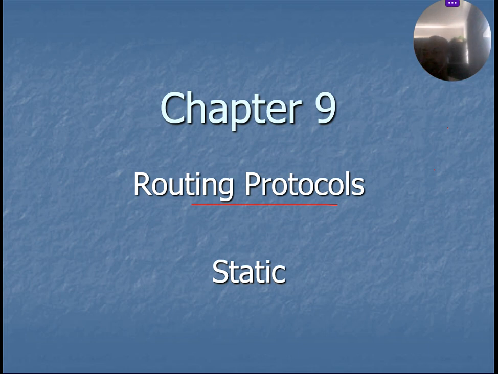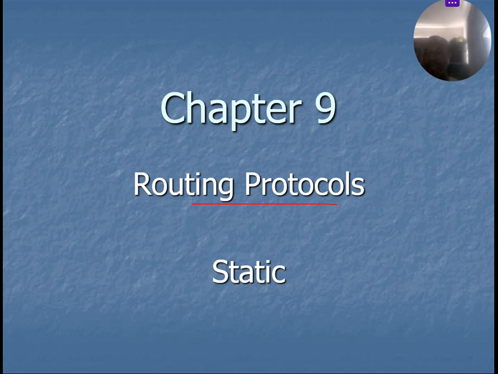Now, when we say static routing protocol, it's just a form of routing that occurs when a router uses manually configured routing entries in the routing table. So when a router manually, underline the word manually, uses the routing entries that have been entered into the routing tables.